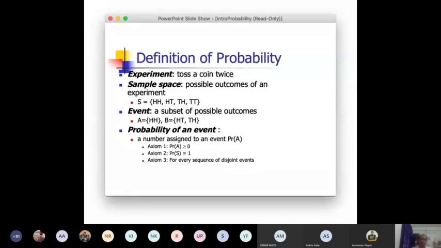And then the probability of the whole outcome space should be equal to 1. That is one thing. And for every sequence of disjoint events, you have the union of all those events. If you consider the probability of the union of all those events, then that should be equal to the sum of the probabilities of the events. Here the A_i are all disjoint, so non-overlapping.